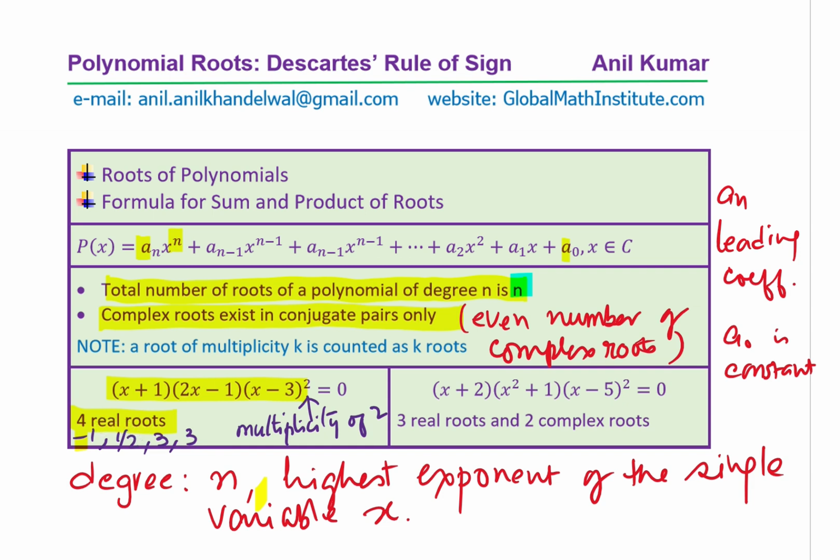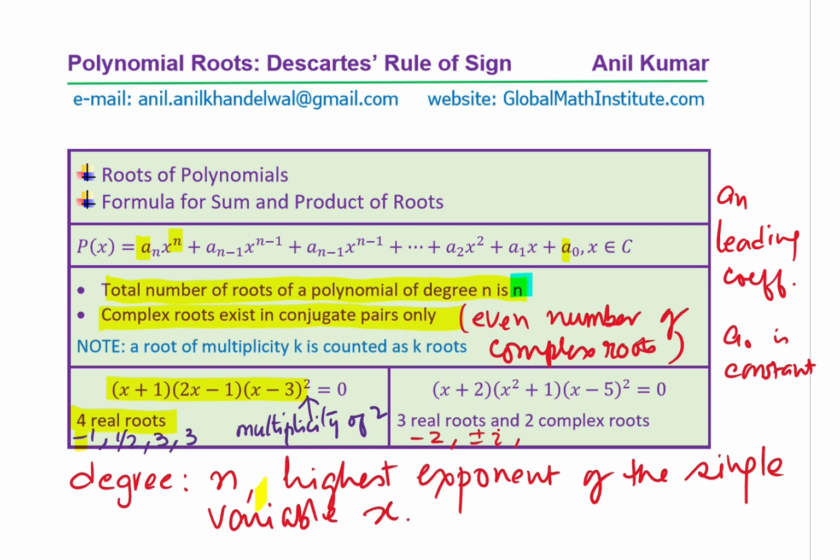Next example here is when we have a factor (x plus 2), (x squared plus 1), and (x minus 5) whole squared. How many roots are there in this particular case? Well, this gives you one root, right, which is minus 2, correct? This actually gives you two roots, plus and minus i, as we discussed earlier.